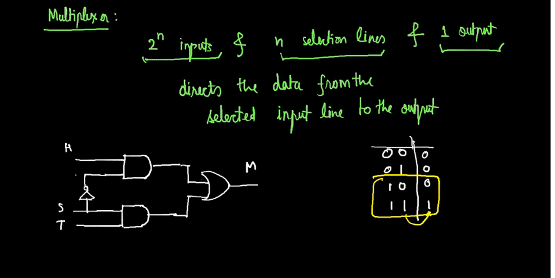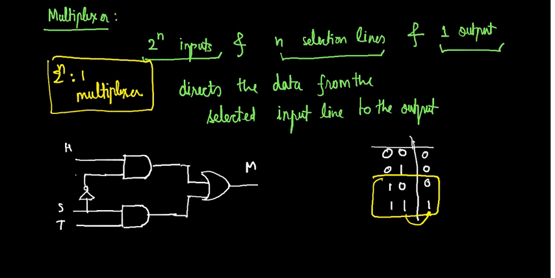Can you quickly draw a circuit for 4 inputs, a 4:1 multiplexer? Now this is called a 2 to the power n to 1 multiplexer. Draw the complete circuit for a 4:1 multiplexer. Can you do that quickly?